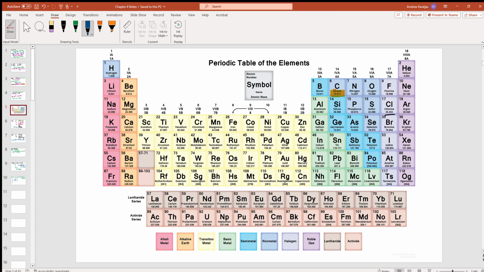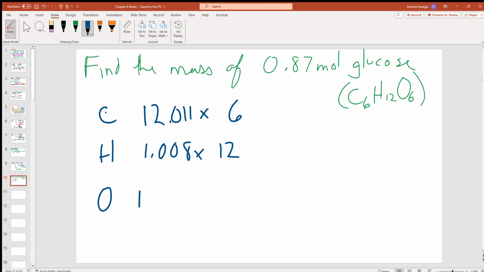And for oxygen, we can see that it's 15.999. And there's 6 of those. So we're going to do each of those and add them together. And we get a total of 180.16 grams per mole.